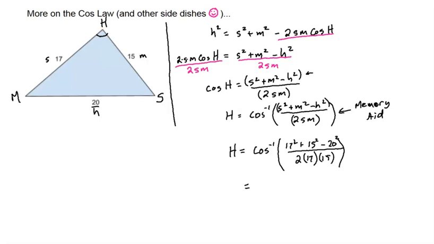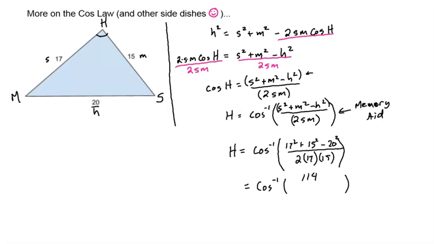Now, I chose some nicer numbers here so that the bracket is going to give me a nice answer. So you'll have to check this out on your calculator. But actually, I'll do it in 2 steps. So 17 squared plus 15 squared minus 20 squared is going to be 114.